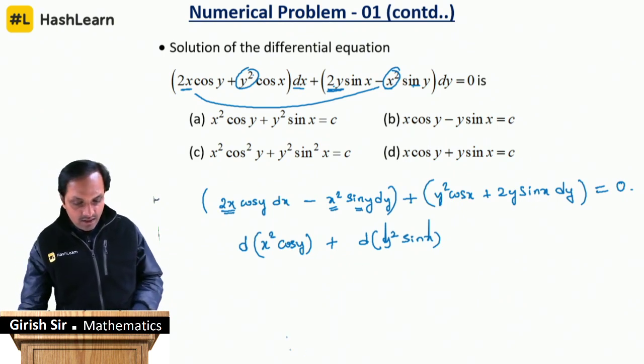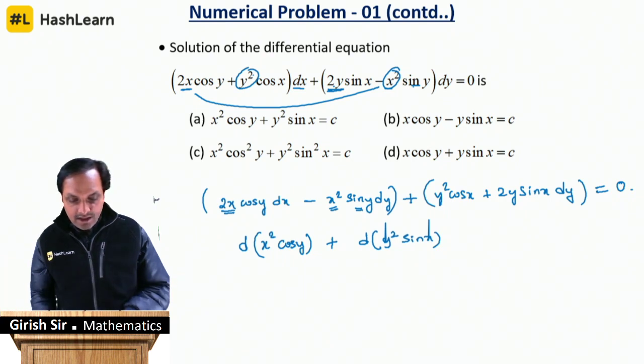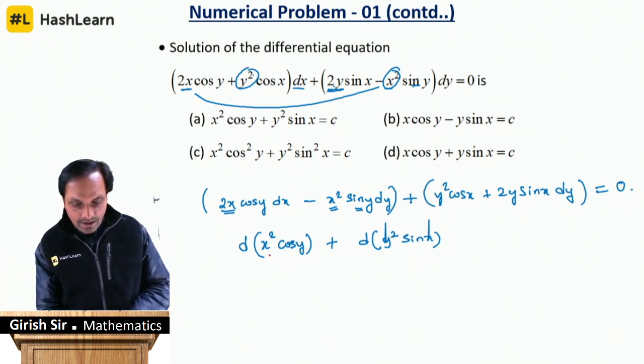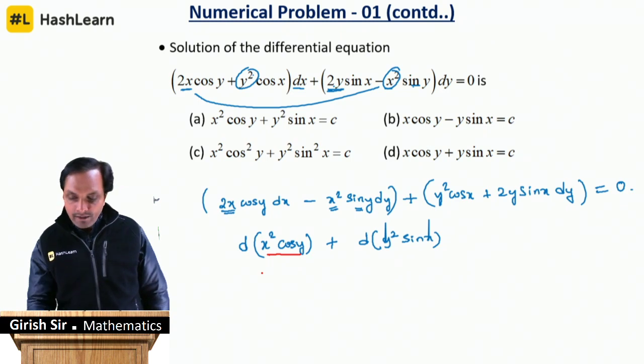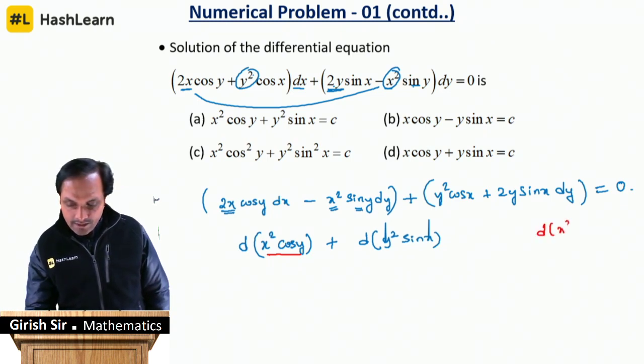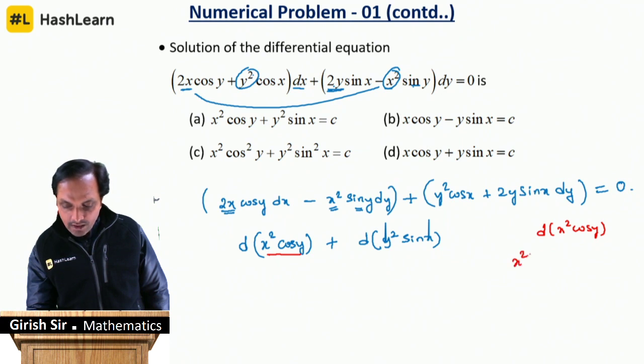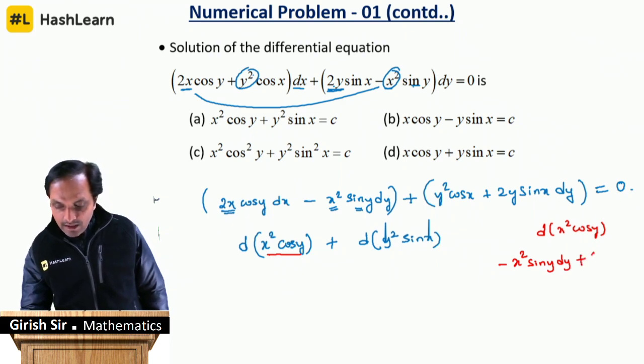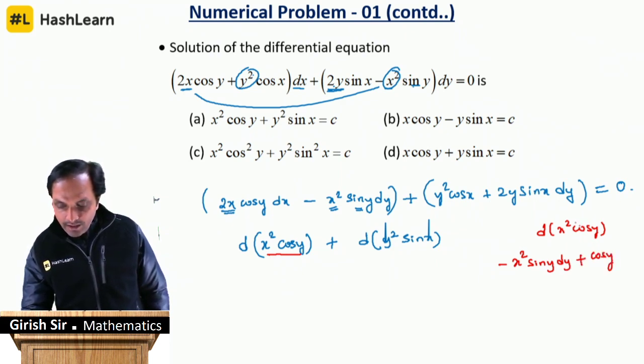So let me give you a quick recap where I will use a different color. You know that derivative of x square cos y, what will that give you? Derivative of x square into cos y. You know that keep x square constant, differentiation of cos y is minus sine y into dy, plus then keep cos y constant, derivative of x square is 2x into dx.